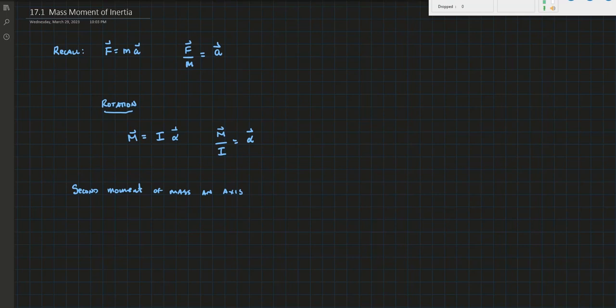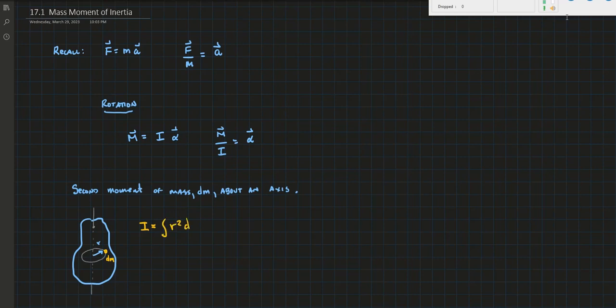And the mass we're talking about here is a differential mass initially. Let's draw a little image of this. So we have our differential element of mass, some distance r from an axis. We then can write I equals the integral of r squared dm.